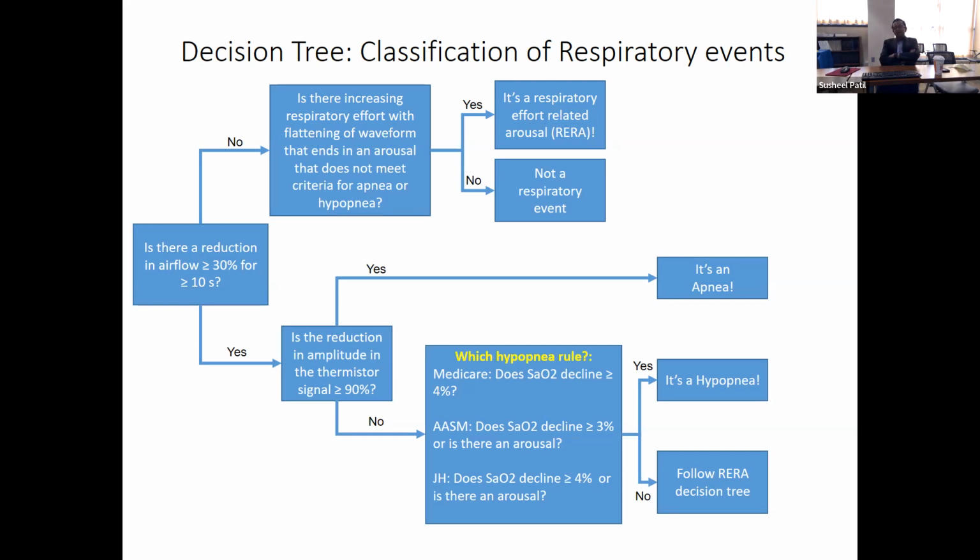Or if you use the AASM scoring rule, if it's greater than 3% or there is an arousal, we would also call it a hypopnea under that definition. If it doesn't meet those, we follow the RERA decision tree at that point. Questions on that? That's just to classify it as an apnea, a hypopnea, or a RERA.